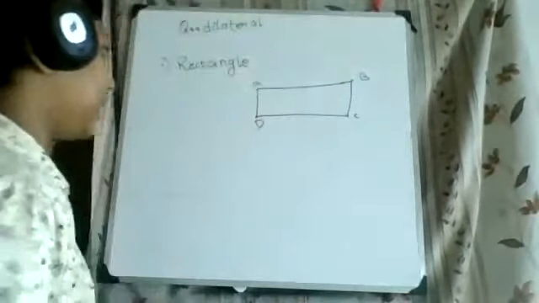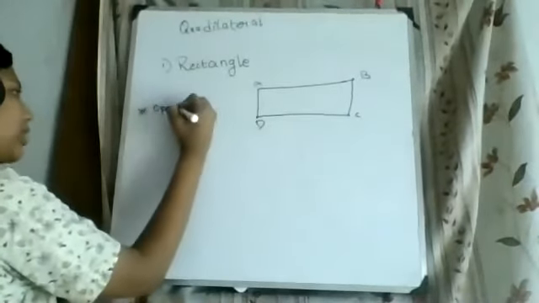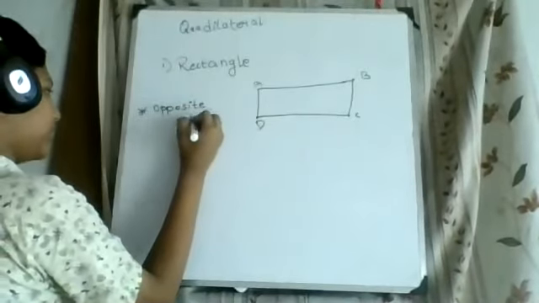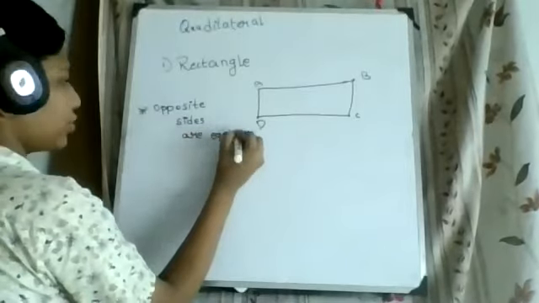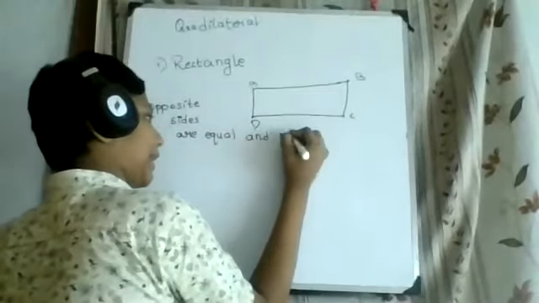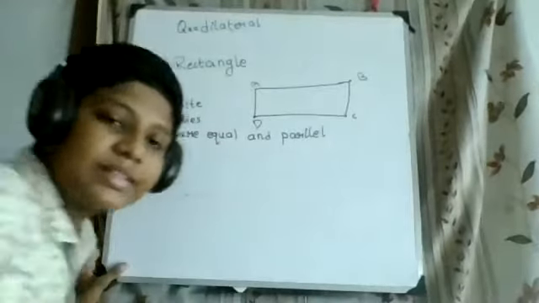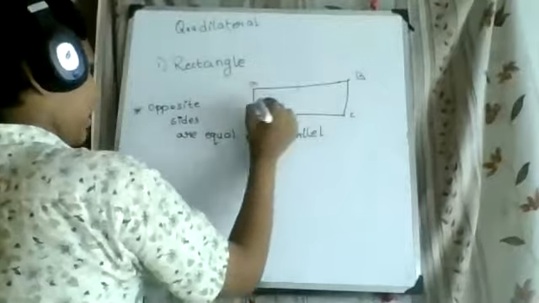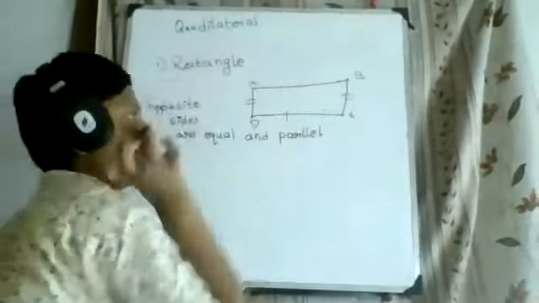The first property of a rectangle is that opposite sides are equal as well as parallel. Opposite sides are equal means these two sides are equal, and these two sides are equal.